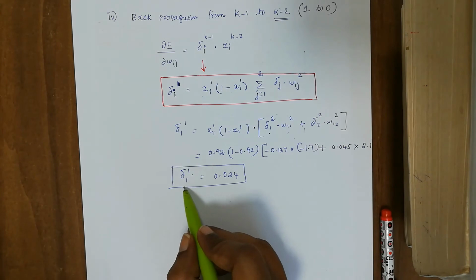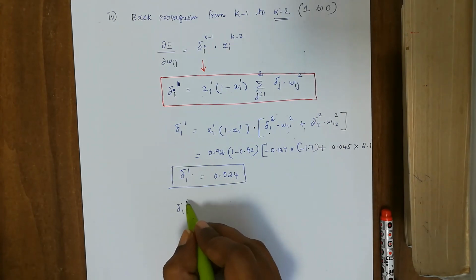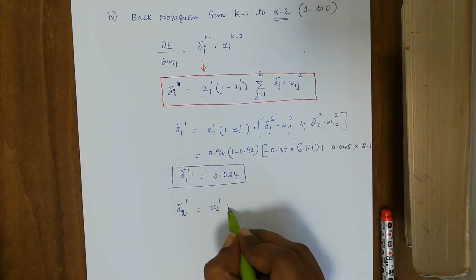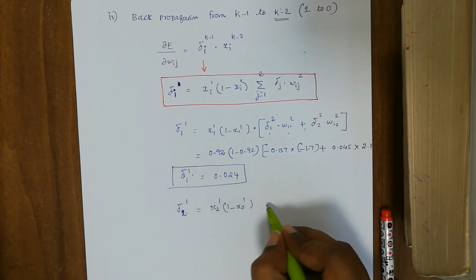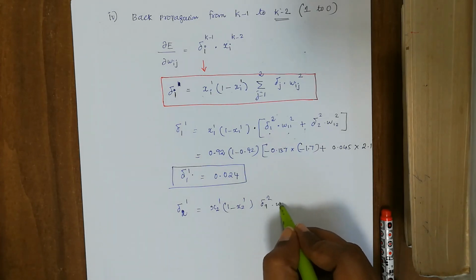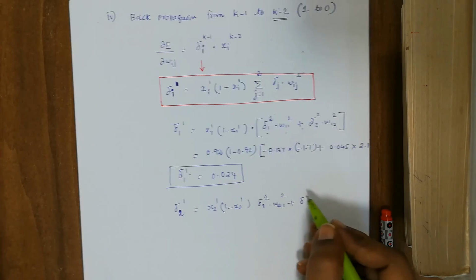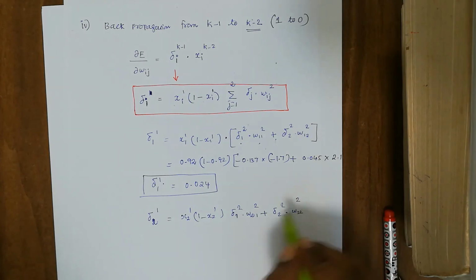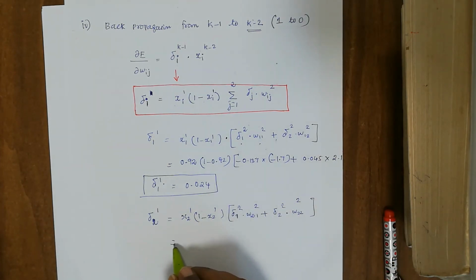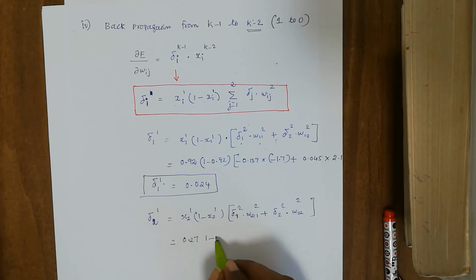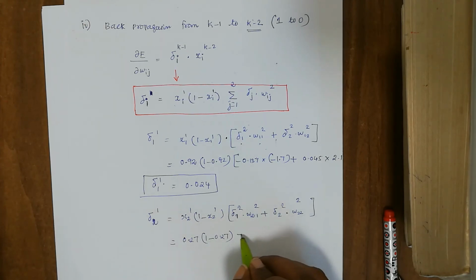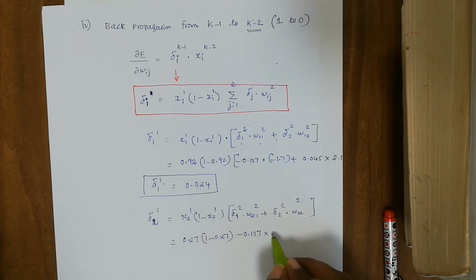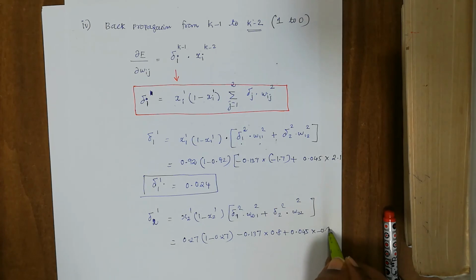Fine. So del 1 1, similarly I can find del 2 at layer 1. Similarly, x21 times 1 minus x21 times del 1 2 multiplied by W212 plus del 2 2 multiplied by W222. After substituting all the values, 1 minus 0.27 times minus 0.137 multiplied by 0.8 plus 0.045 into 0.2.